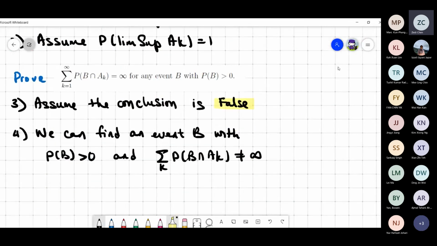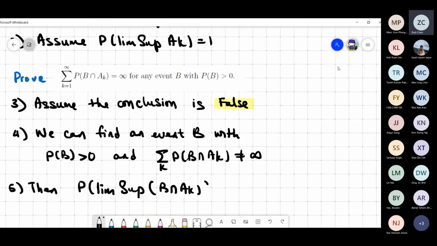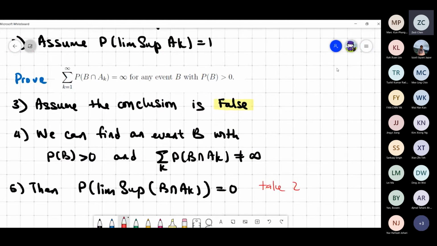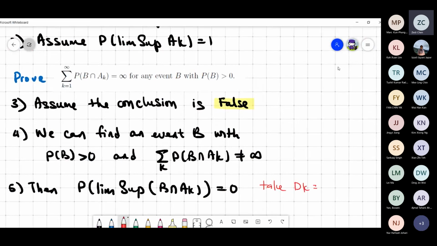So then we can have this, that is number 5. Then we can have P of lim sup of B intersect AK must be 0. So I'm taking Dk to be B intersect AK.